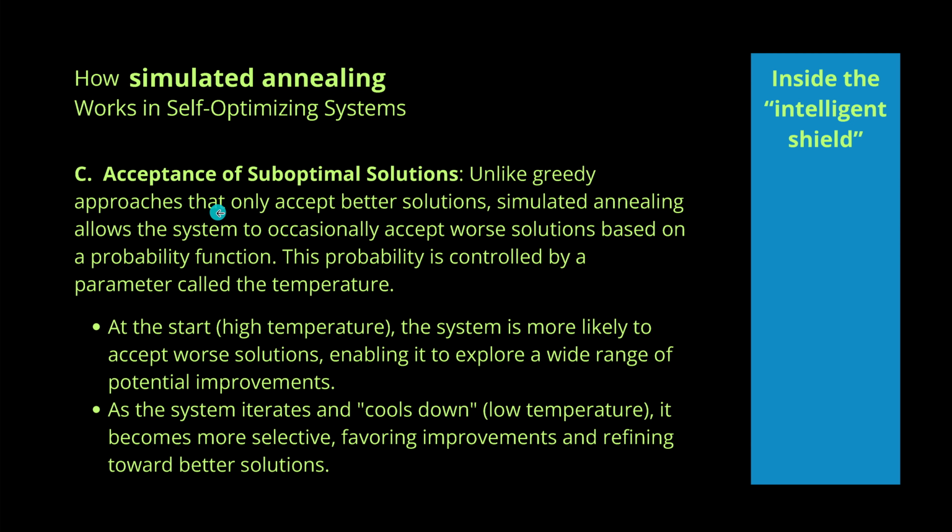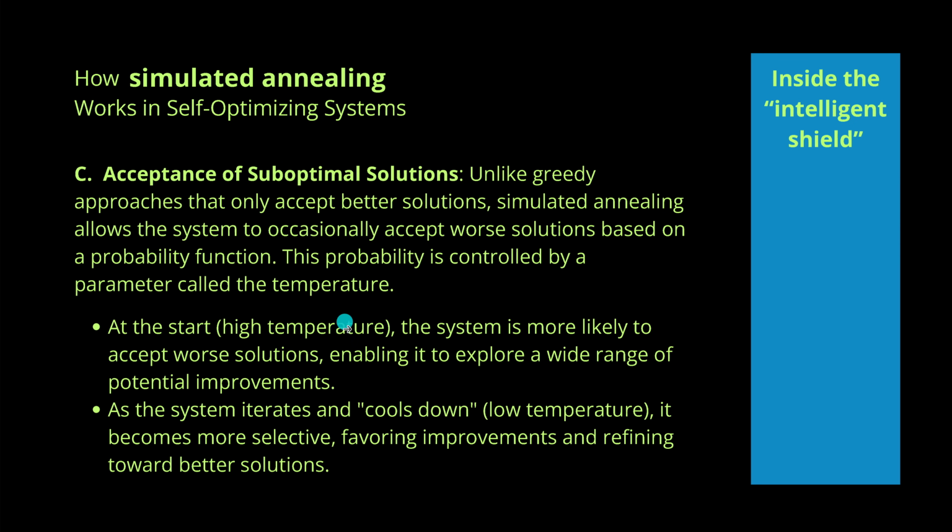And unlike a greedy approach that only accepts better solutions, simulated annealing allows the system to occasionally accept worse solutions based on a probability function. And this probability function is controlled by a parameter called the temperature. And this is why it's called annealing, because it comes from material science. And you know all of this. So at the start, with a high temperature, the system is more likely to accept worse solutions, enabling it to explore a wide range of potential improvements, searching the search space with huge steps, escaping from local maxima.